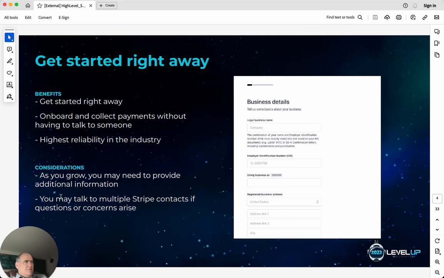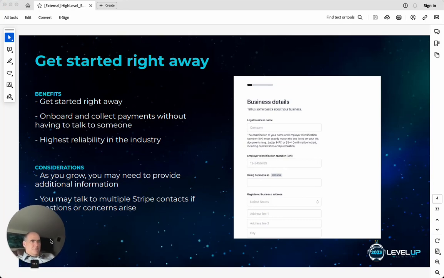I think the key is you want to get your business information in there as complete as possible. It gives them more confidence and security that you're actually a real business doing things the right way. An EIN is one of the most important things for sure because the billing is related to that.